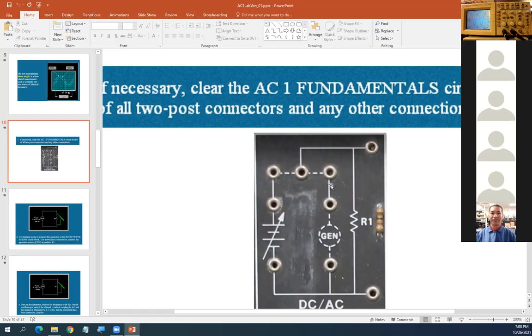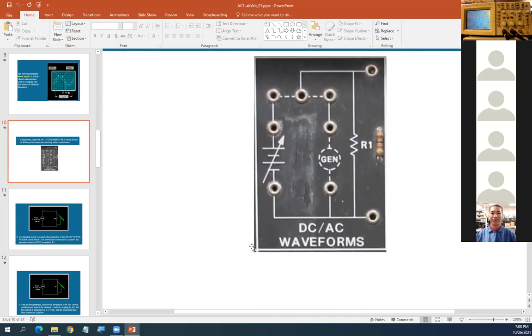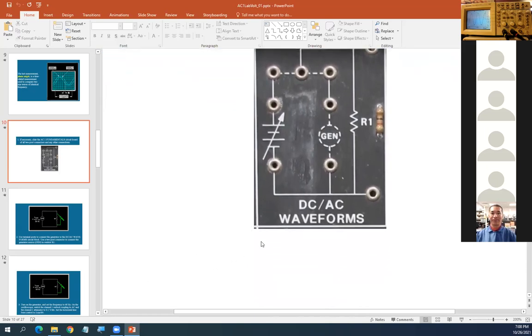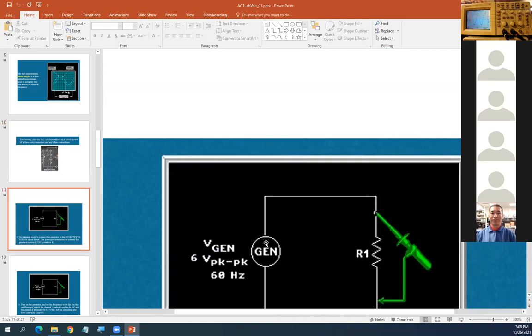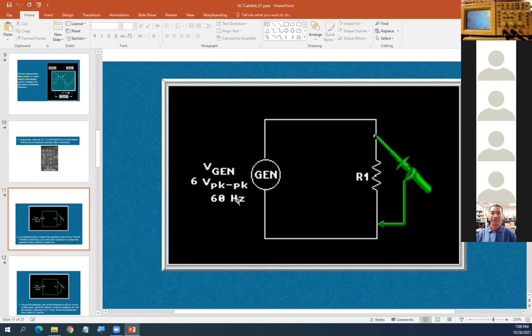So on your left, the first thing is you must connect the circuitry they want. This is the circuitry they want. They want the generator connected to R1 and they want the scope connected here and ground here.